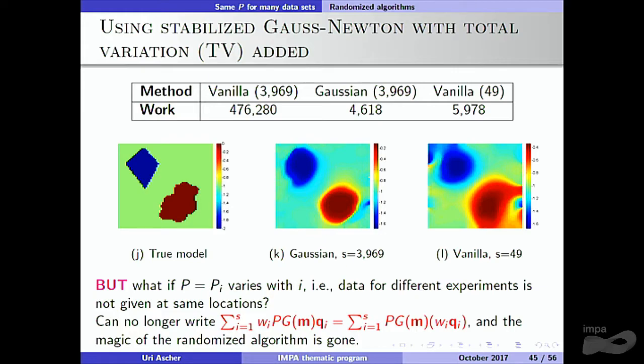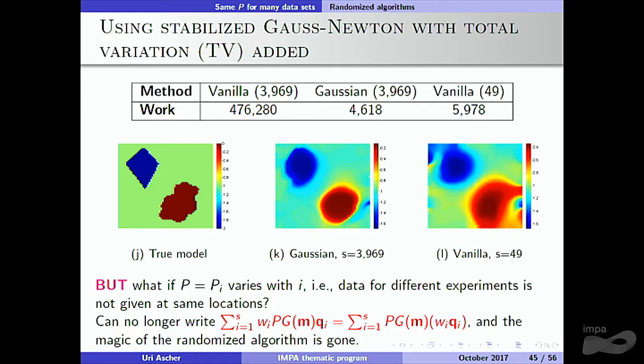For each W, we solve only one PDE, the sum of W_i Q_i. Then from each iteration to the next, for different W's, we vary the weights. But the point is that PG is the same, so G is solved for this right-hand side, for this source. So project and then project.